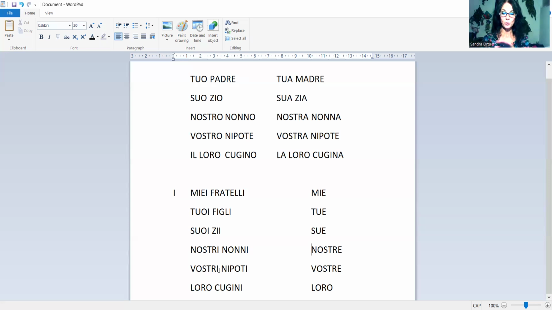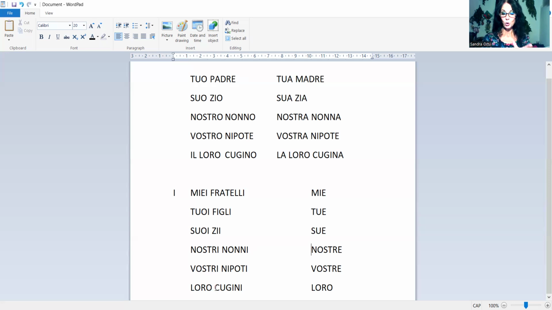Vostri, talking to a group or more than one person. Nipoti, masculine because we're talking about grandchildren or boys or mixed group, or nephews. So vostri plural masculine, agreeing with nipoti.